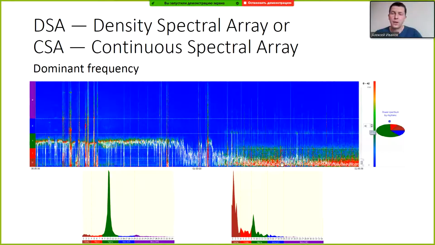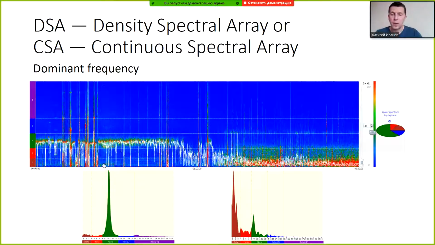For example, here we can additionally see the dominant frequency on the trend as this white line. We can also recognize that during the first hour of our recording, we had a dominating frequency in the alpha range. After that, it dramatically moved to slow waves in the theta and even delta range.